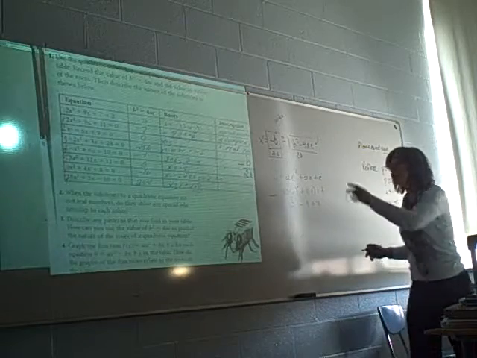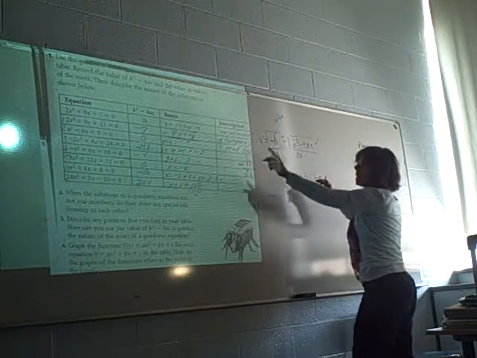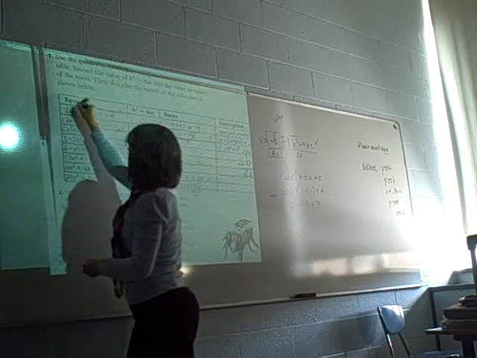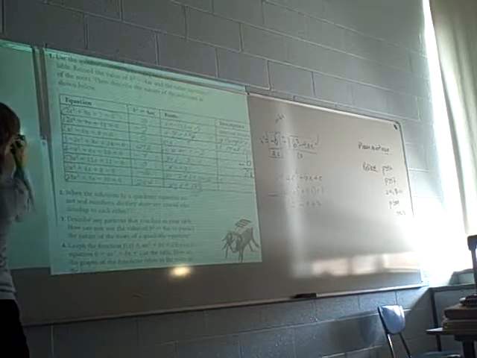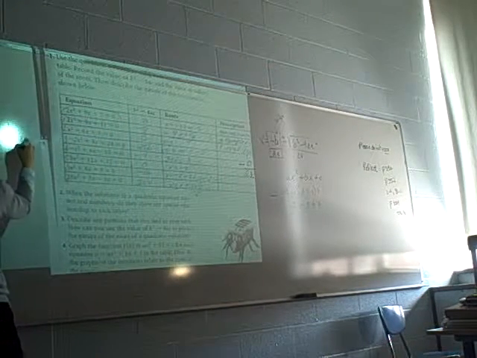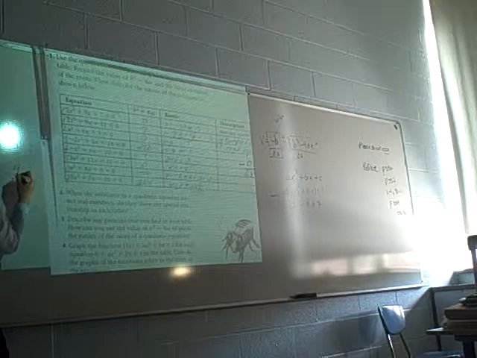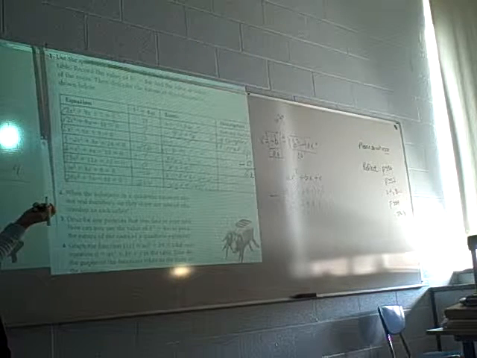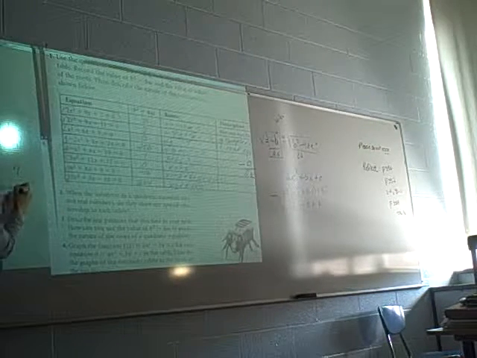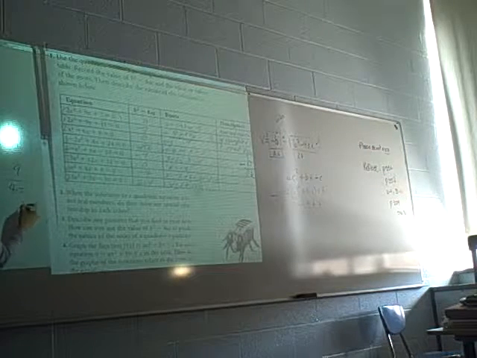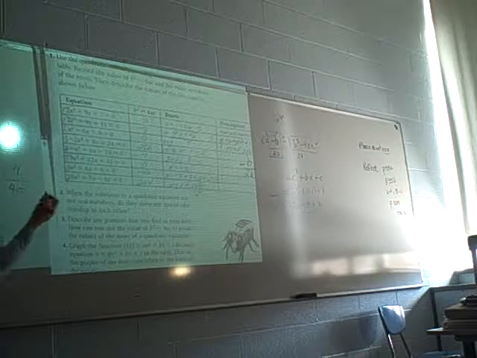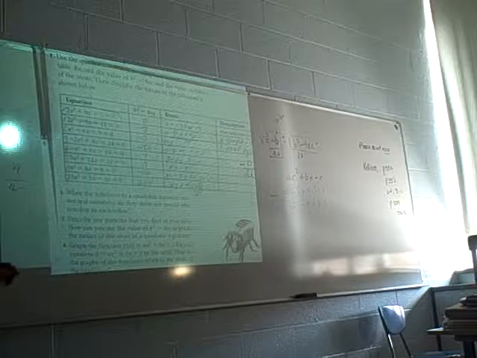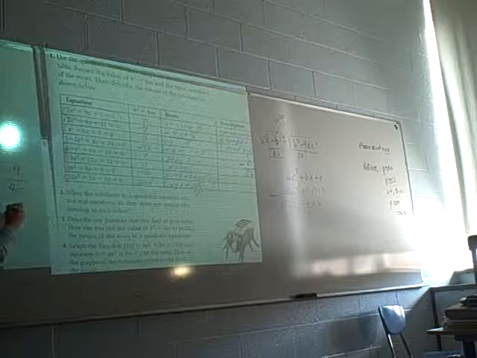I would need, in this problem, let's find the vertex. So it is what? Minus b over 2a. So minus 9 over what? 4 is equal to, what's it equal to? -9/4.